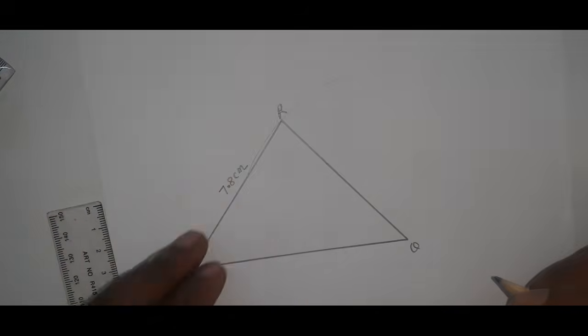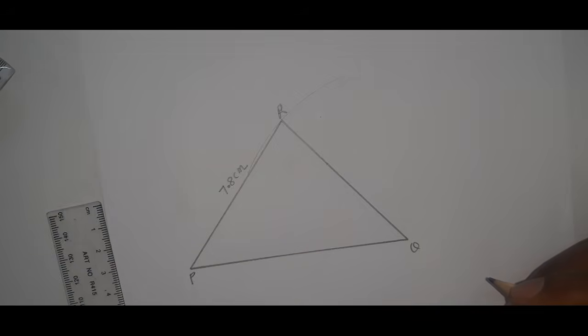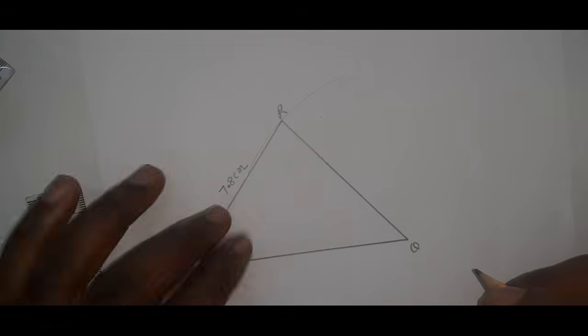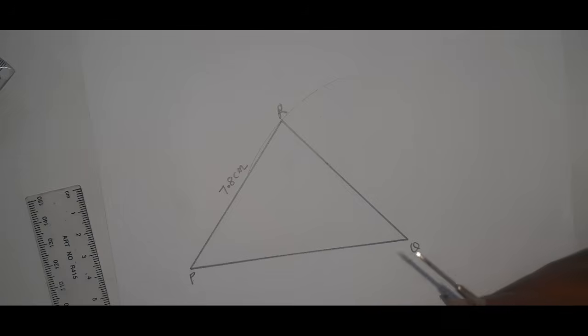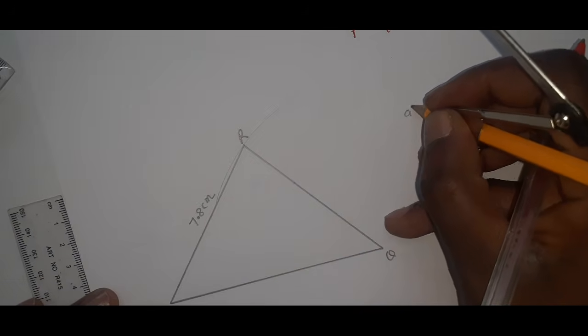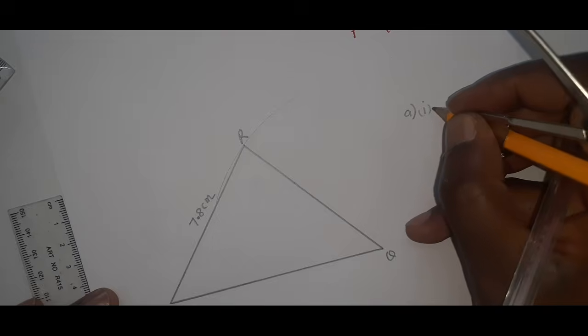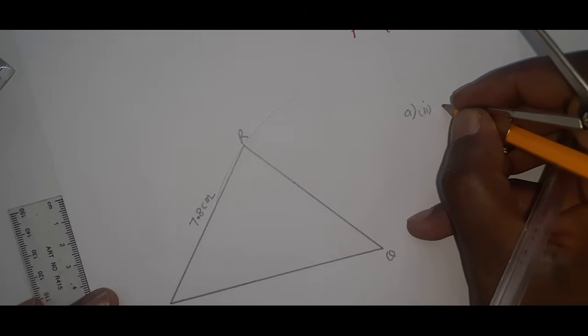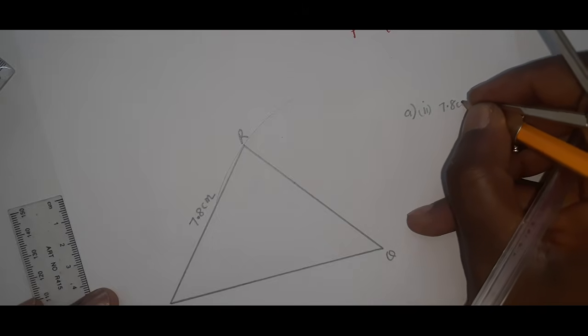Remember, we are asked to measure this. So we have measured this one. That is what it is. Or maybe, if you want, we can say it is between 7.7 and 7.8, which is about 7.8 centimeters.